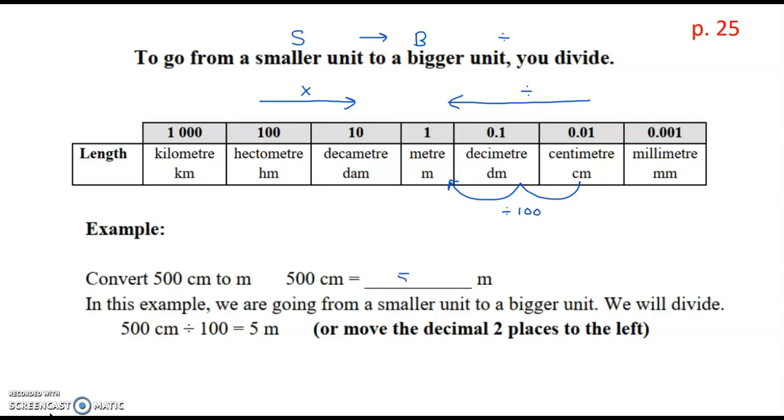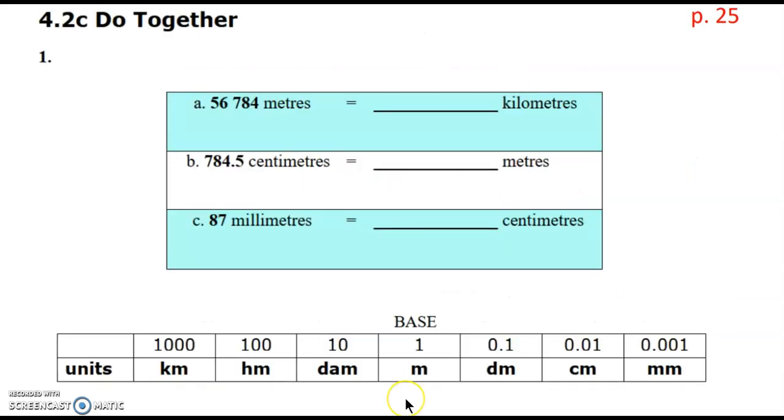So I can take my 500 centimeters and move 2 places to the left, putting my decimal there, so that's 5 meters, 5.0. So let's try the do together, looking at the multiplication or division and also sliding our decimal.